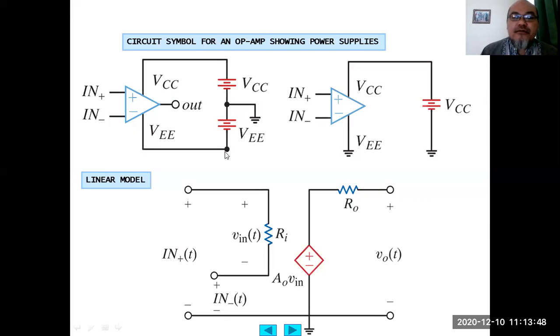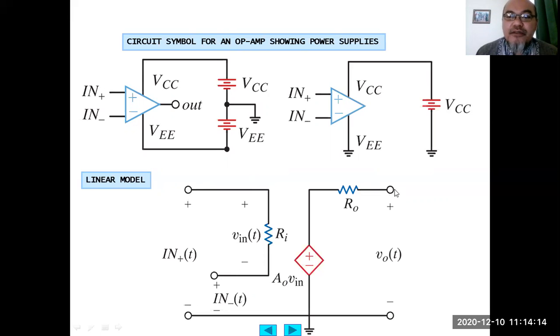At the output, it is a voltage dependent voltage source with an amplification gain A0. It amplifies the input voltage across the input impedance between the non-inverting terminal plus and the inverting terminal.